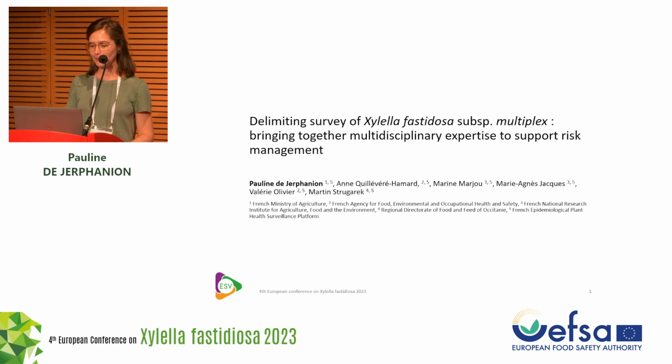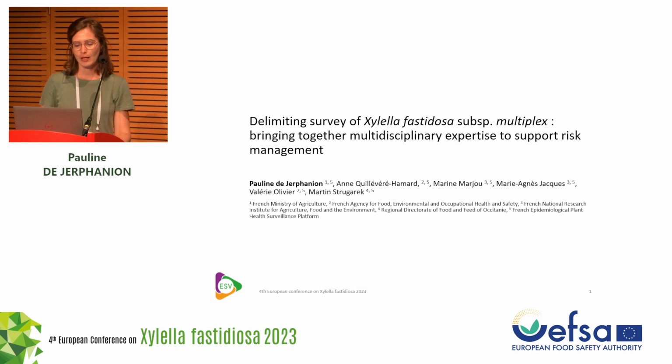Good afternoon. I'm very glad to have the opportunity to present the work realized in the framework of the French Epidemiological Plant Health Surveillance Platform in order to define a delimiting survey of Xylella fastidiosa subspecies multiplex in the region Occitanie.